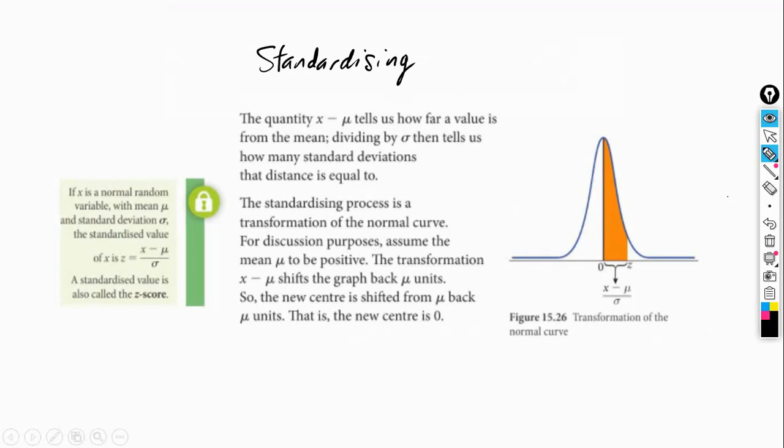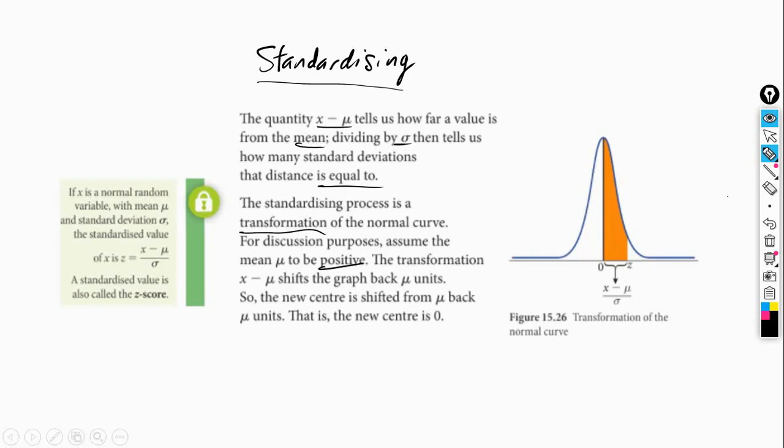So next we're going to look at a process called standardizing. The quantity x minus mu tells us how far a value is from the mean. Dividing by sigma then tells us how many standard deviations that distance is equal to. The standardizing process is a transformation of the normal curve. For discussion purposes, assume the mean to be positive.